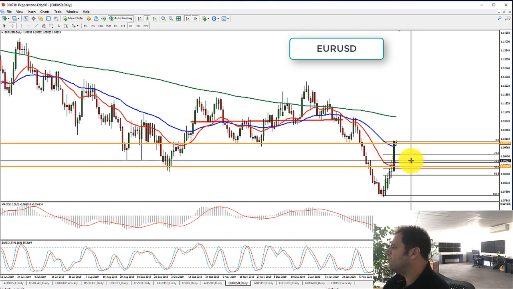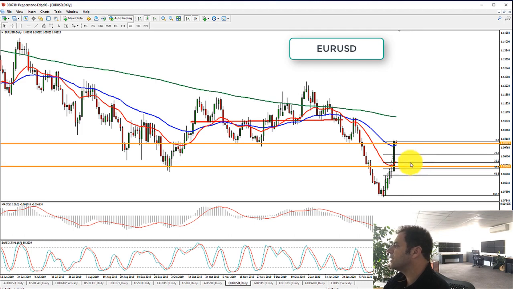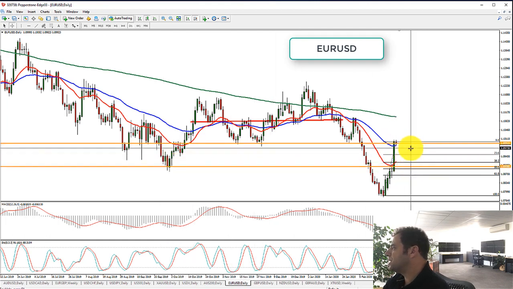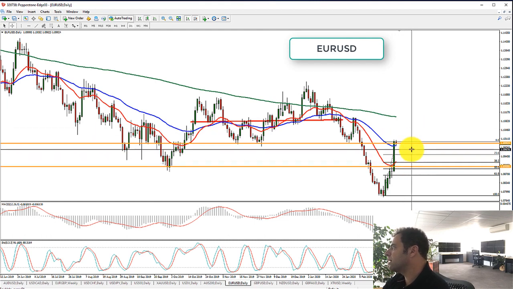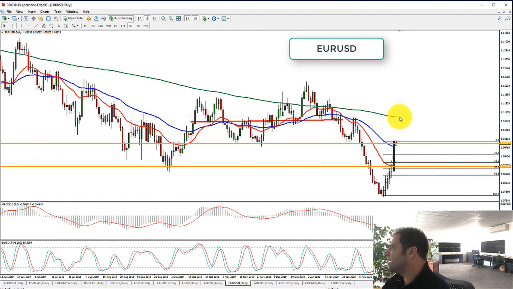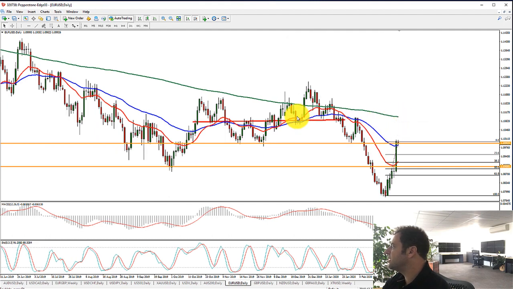That'd be a great pullback. Wouldn't want it to go any deeper than that. That would also coincide with the role reversal zone over here, and that would hopefully find support and potentially push on to new highs. Break the 1.10 and get into the 200 moving average, which would be the logical target.